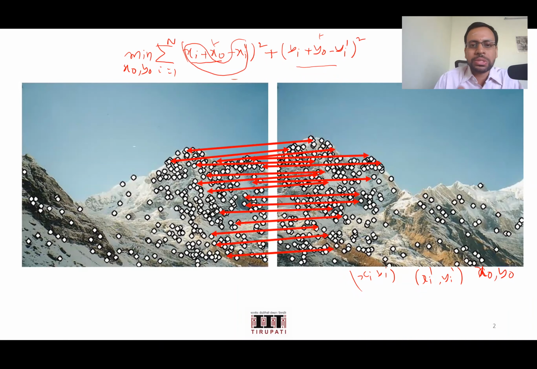So a plus b whole square is a square plus b square plus 2ab. So here you would be getting 2 times x naught, the x naught square term. If you write it with a minus there, then you would be getting 2 times x naught into this, so you would get 2 times xi minus xi prime, something like that. And of course there is a summation here.